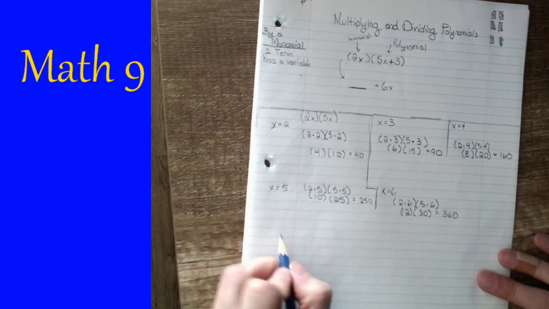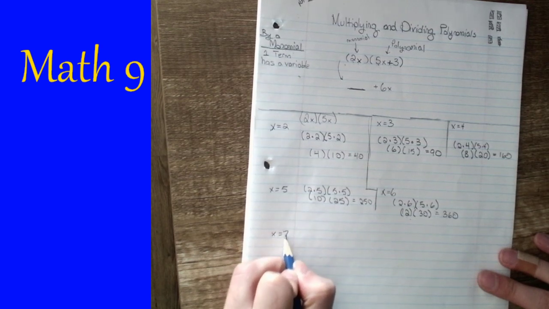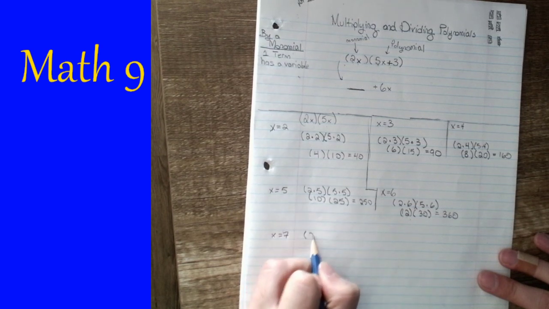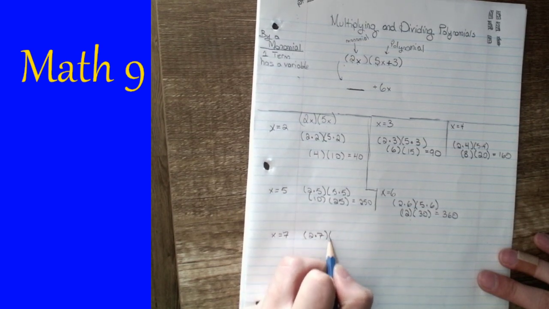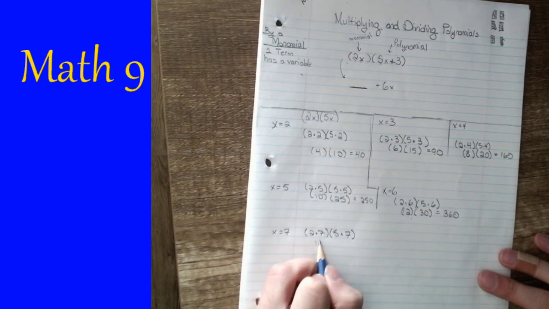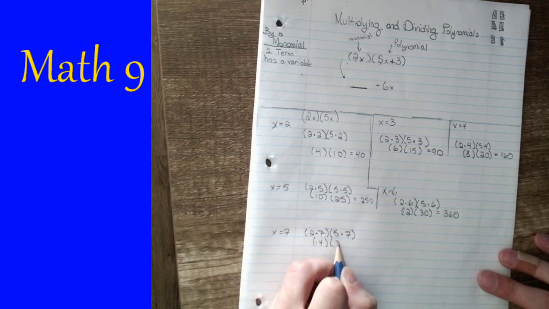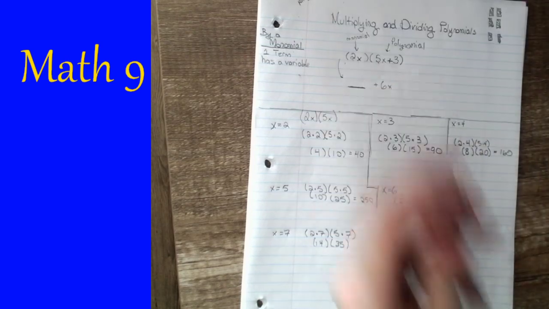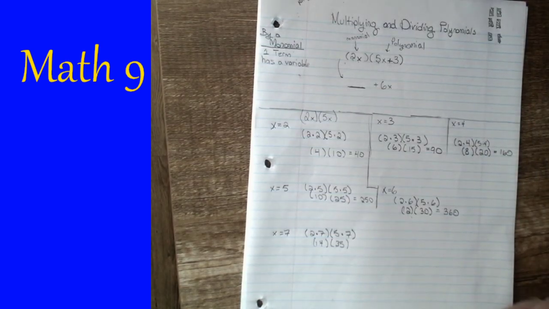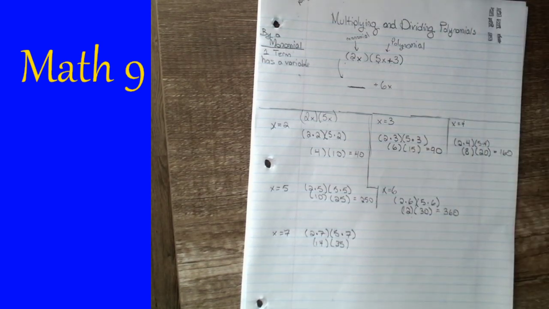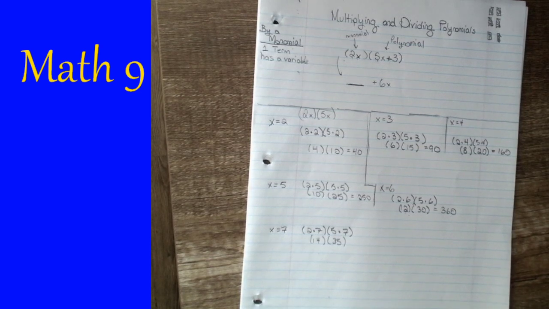And we'll do one more. We'll do just down here, x is equal to 7. So now we have 2 times 7 multiplied by 5 times 7. So now we have 14 multiplied by 35. 10 times 35 is 350. 4 times 35 is the same as 70 times 2, which is 140.